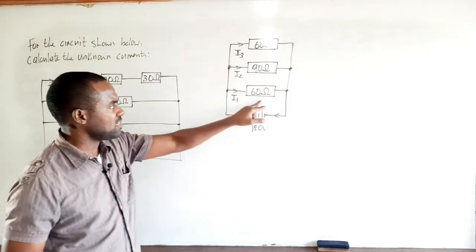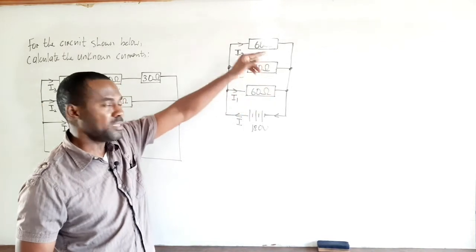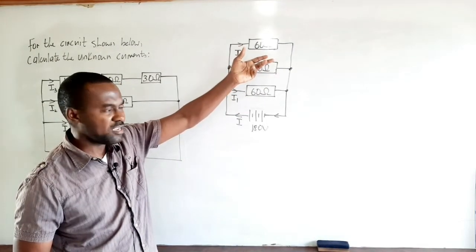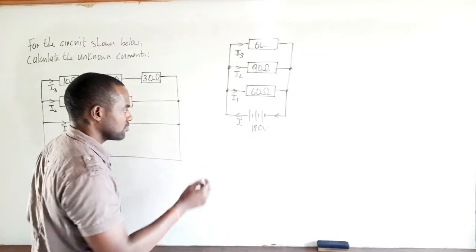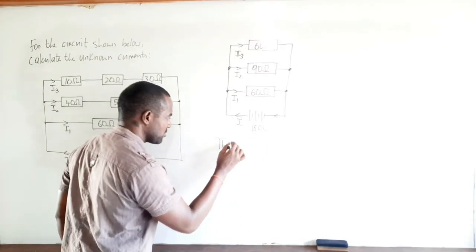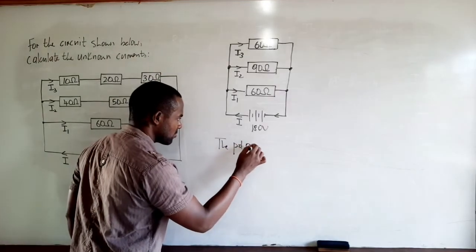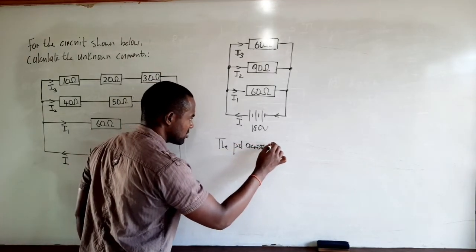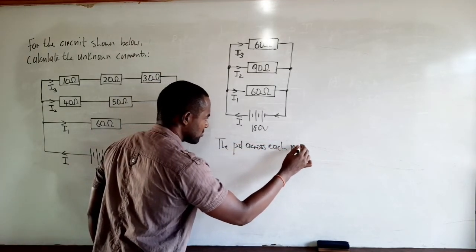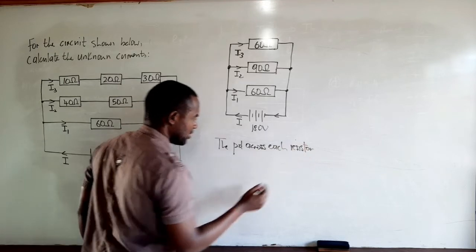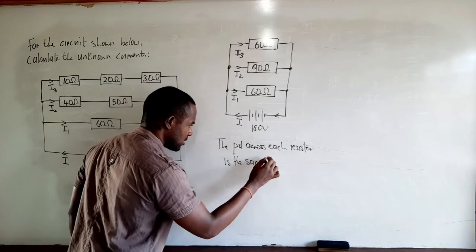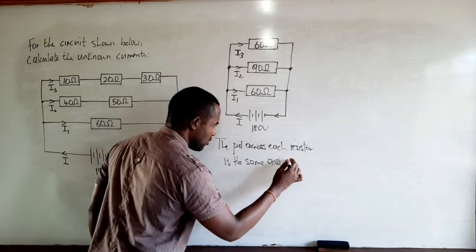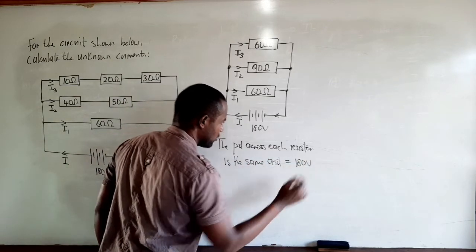So again, because these are connected in parallel, the PD across each of them is the same and is equal to 180 volts. So we say the PD across each resistor is the same and is equal to 180 volts.